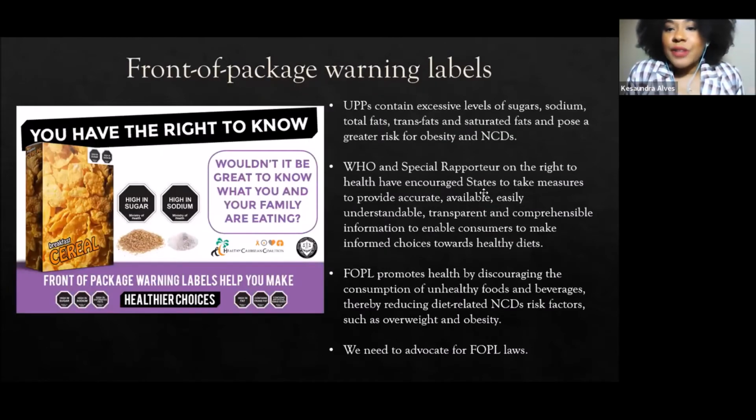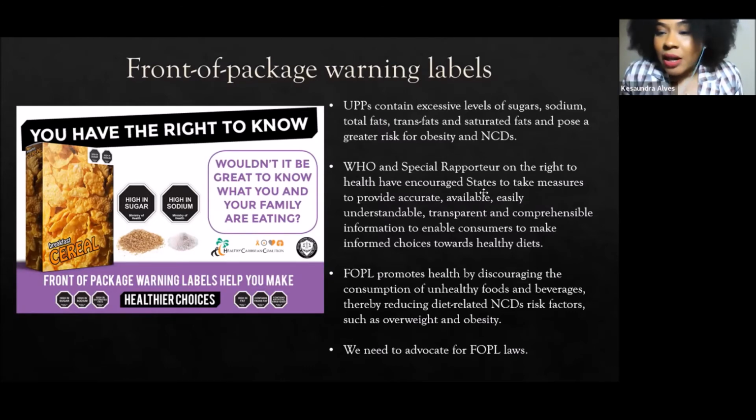So in terms of the front of package warning labels, you know that these ultra processed foods or products contain excessive levels of sugar, sodium, fats, trans fats, saturated fats, and they pose a greater risk for obesity and consequently NCDs. So we need people to know what is in a product when they pick it up.